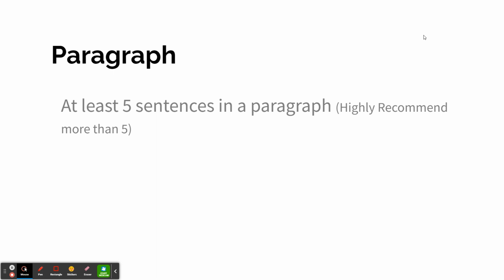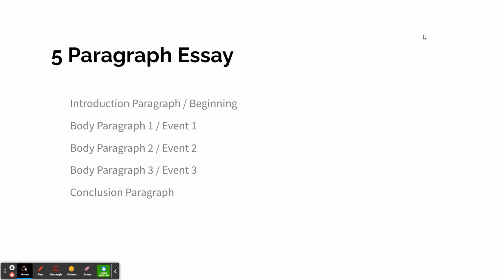So next, the structure of your essay. Typically a formal essay is more than 5 sentences. I apologize, more than 5 paragraphs. However, you want to look at the 5 paragraph structure. This is very basic. I'm just going over the minimum.